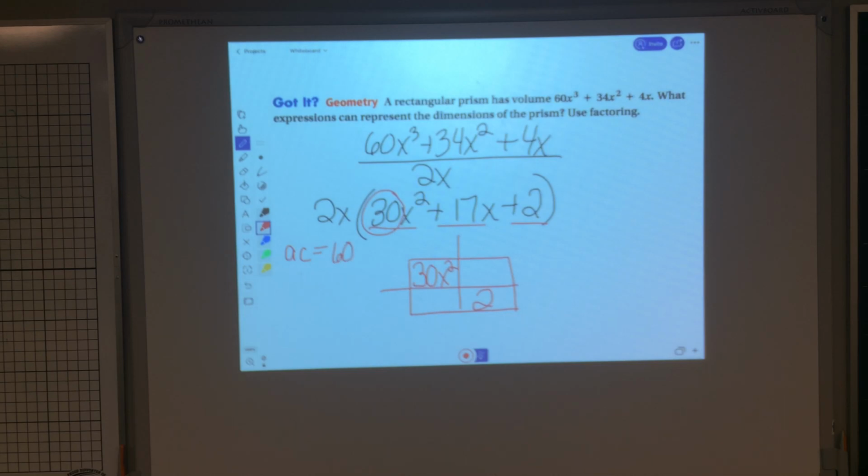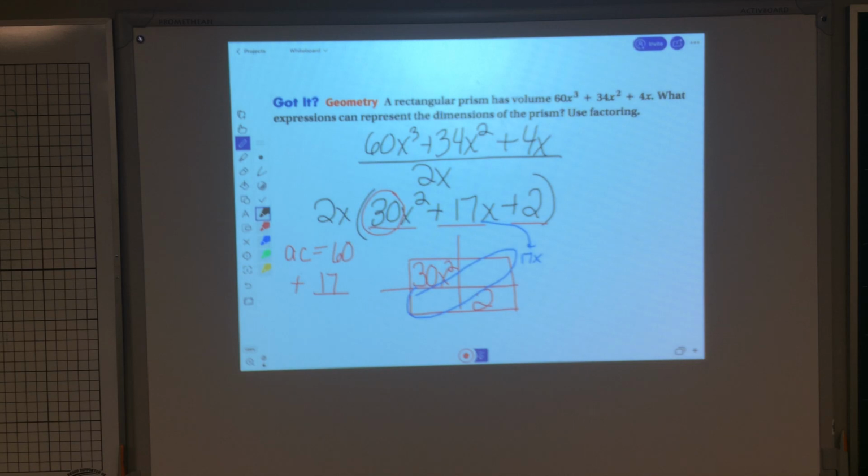So my numbers have to multiply together to get 60, and they have to add together to get a positive 17. In that box method, remember these two squares have to total that 17x middle term. What are two numbers that multiply together to get 60?